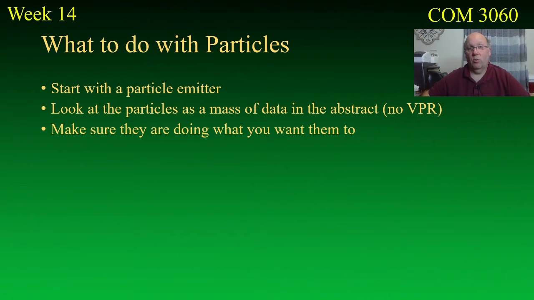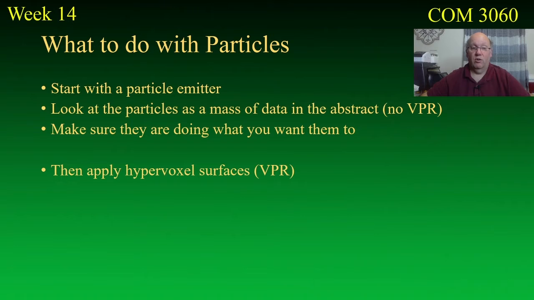And then you want to see what they're doing, what you want them to do. Do you want them to be swirling around? Do you want them to be falling? Do you want them to be exploding? Do you want them to be shooting at something? So that's what you have to decide. Then you apply the hypervoxel surfaces after you've got the basics down. That's when you do need VPR, because otherwise you will never see those surfaces.